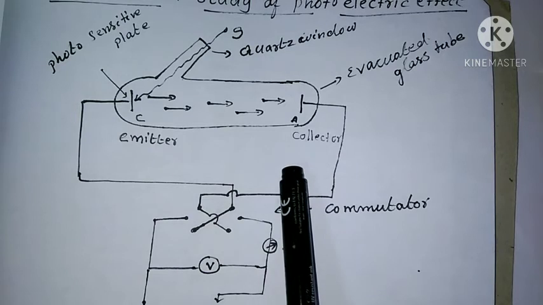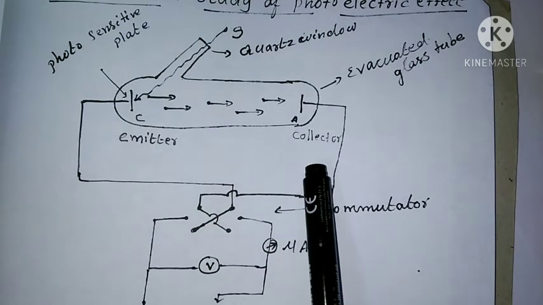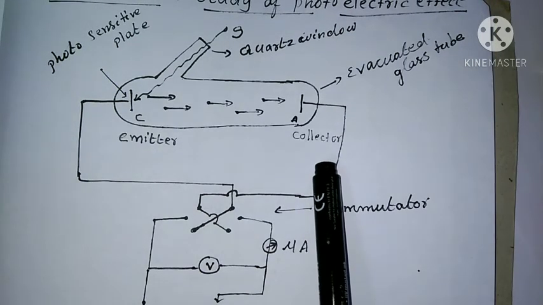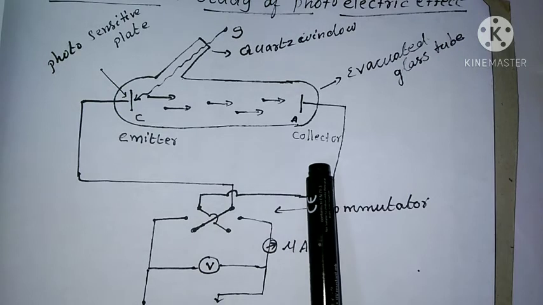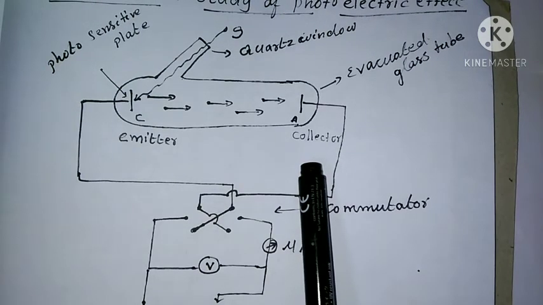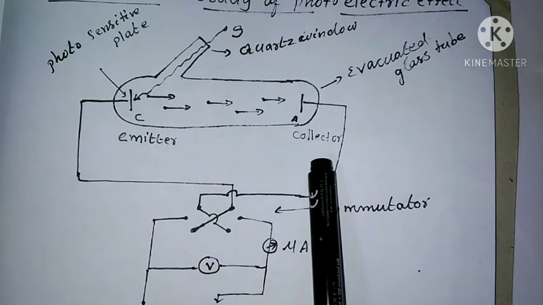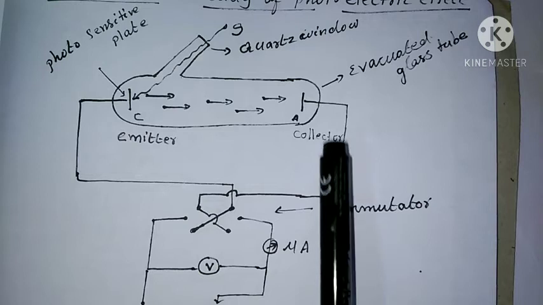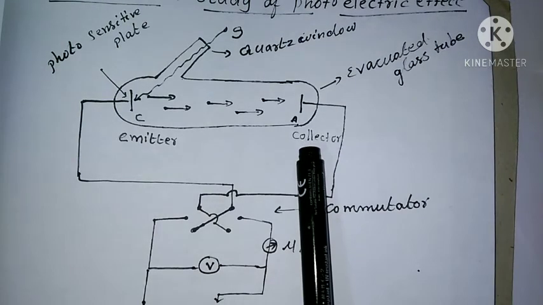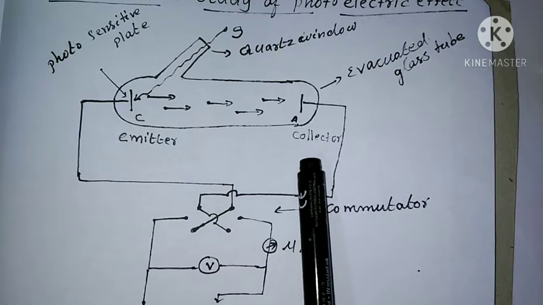Simply, the cutoff potential or stopping potential is the potential at which the photocurrent becomes zero. We denote the stopping potential as V0.